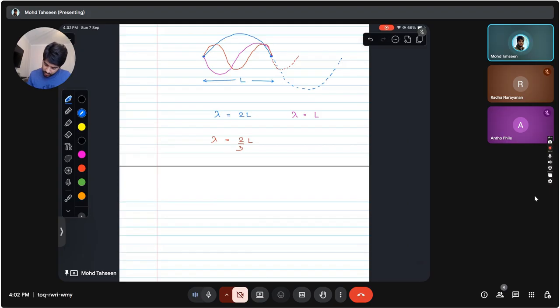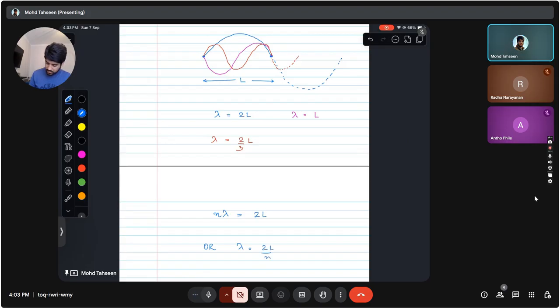This would mean that n lambda, if n is the mode, then n lambda would have to be equal to 2L, or lambda is equal to 2L by n.